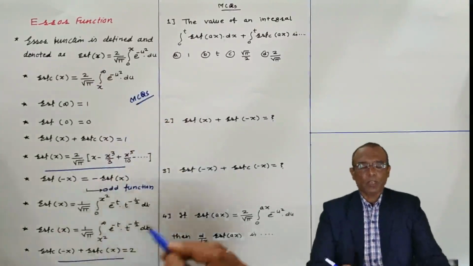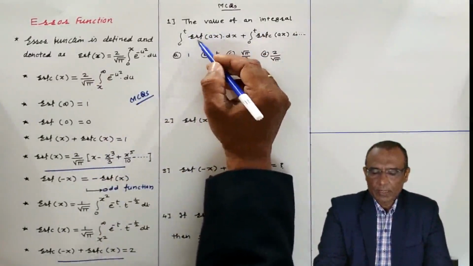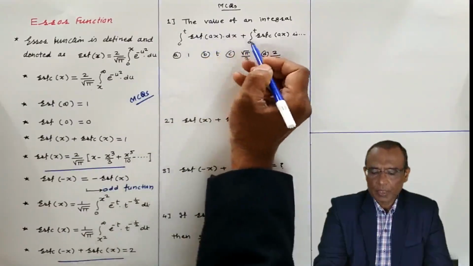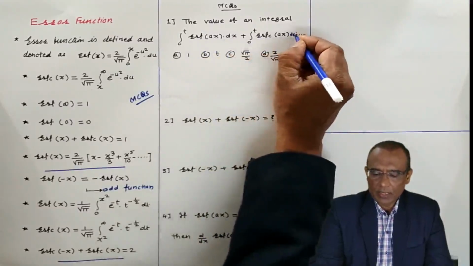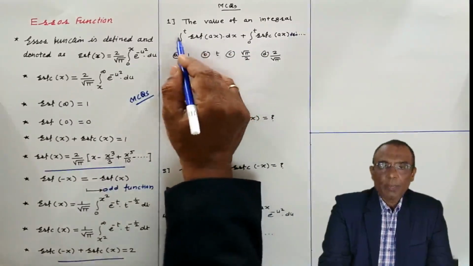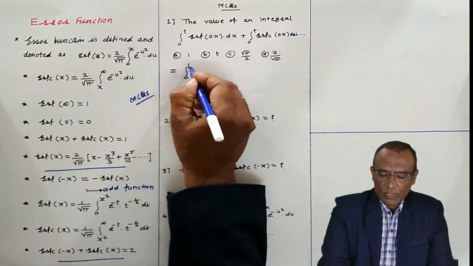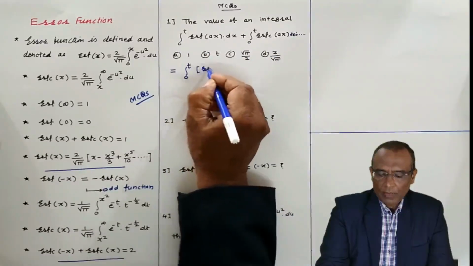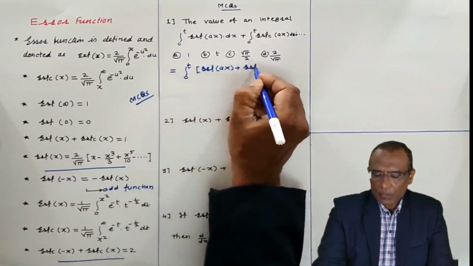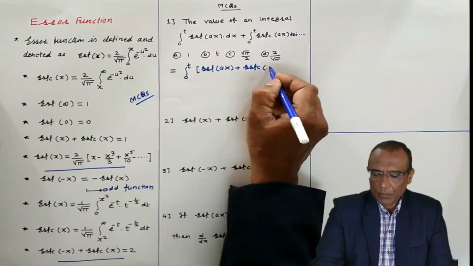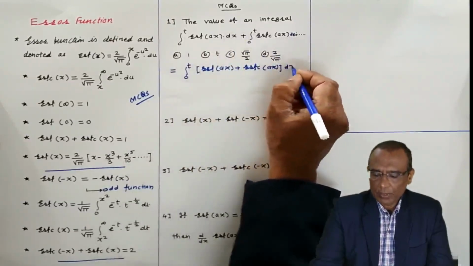Now, some short answer questions on error function. The value of the integral 0 to t of error function of ax plus 0 to t of complement of error function of ax with respect to x, again an integral, the integration of error function. This we are going to simplify. Here 0 to t is common. Then error function of ax plus complement of error function ERFC of ax, integration I have taken common, dx also I am taking common.